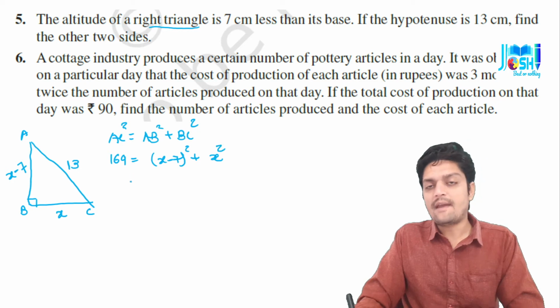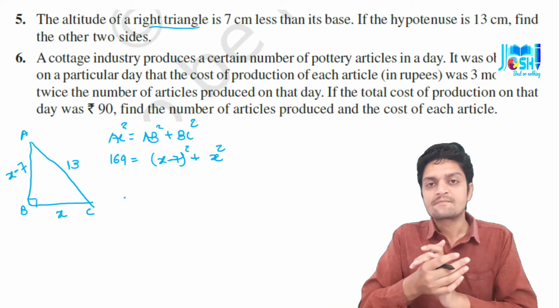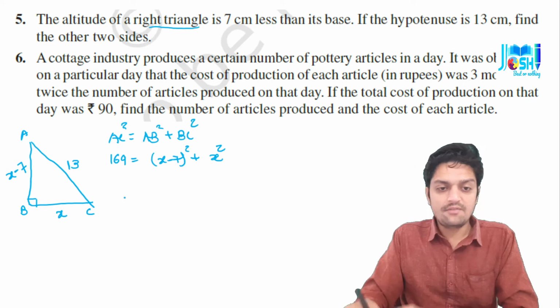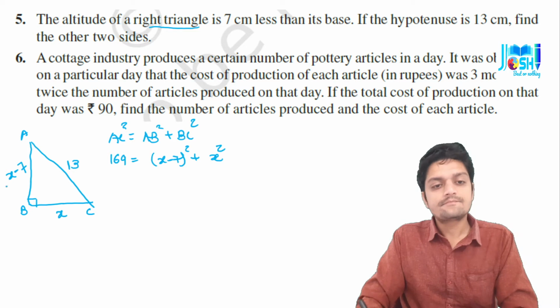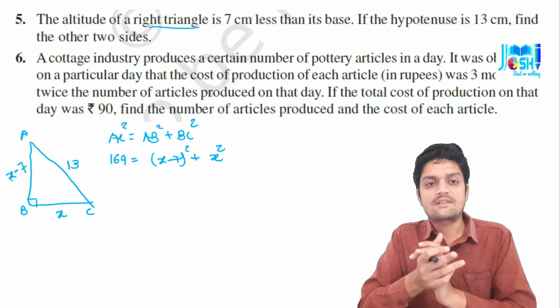Now if you expand and simplify these equations, you will easily get the value of x, so you will get the base, and from the base you can get AB, sorry, the altitude. So that was question number 5.